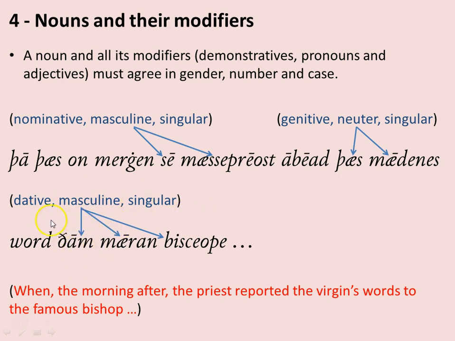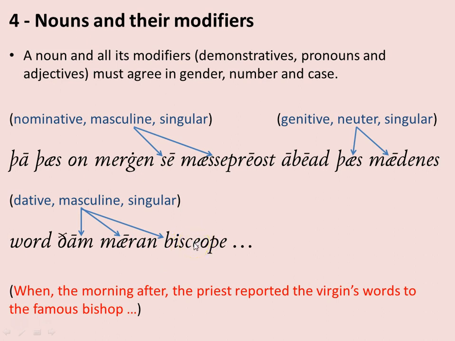So the has to be dative, masculine and singular, just as mæran, famous, and bisceope, bishop. So se, þæs, and þæm are all the modern English word the, but look at the form it takes: different in each case, according to the noun that it modifies.